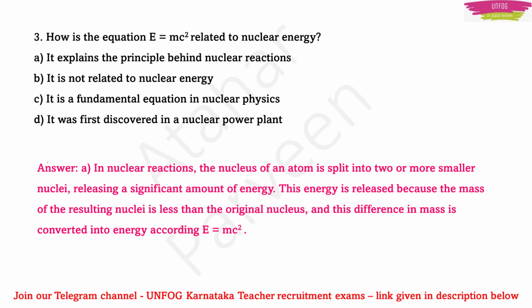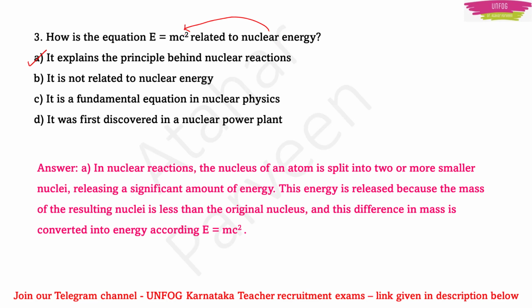So the principle E is equal to mc square is behind nuclear reactions. So option A will be the correct answer, because nuclear reactions obey E is equal to mc square.